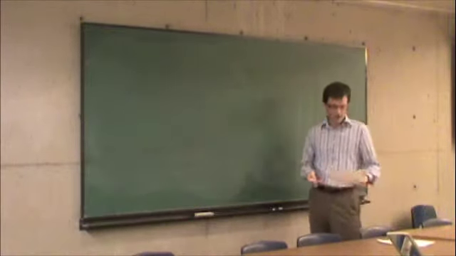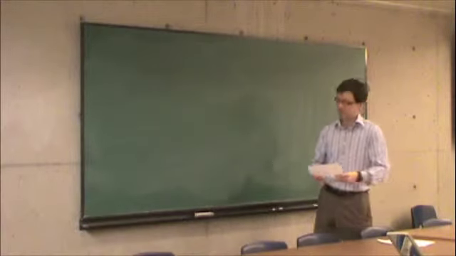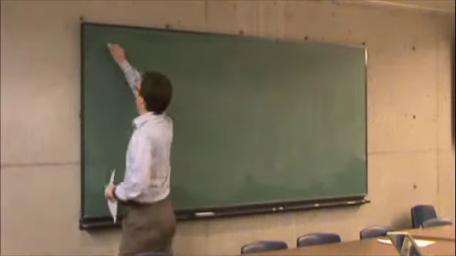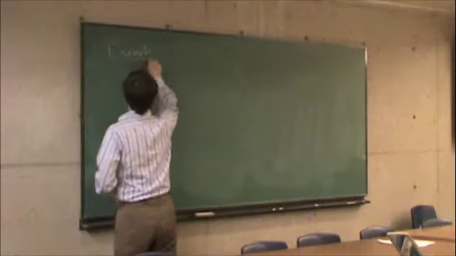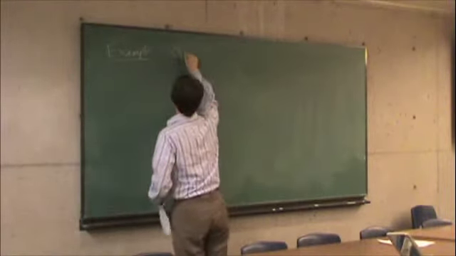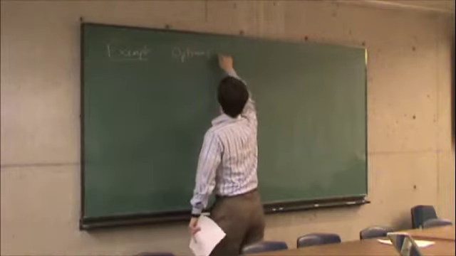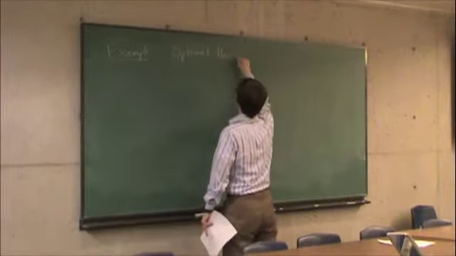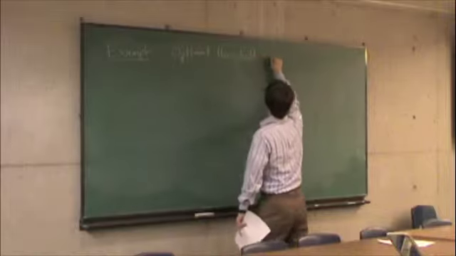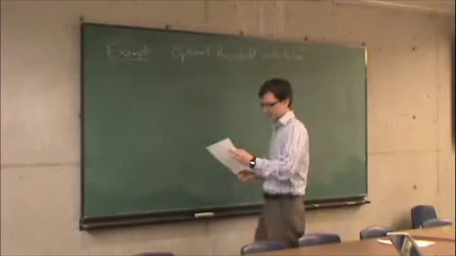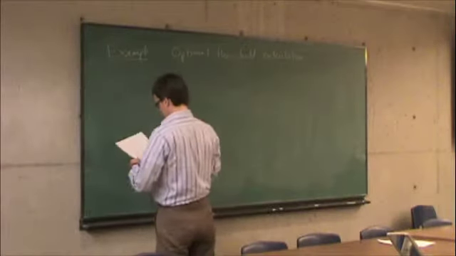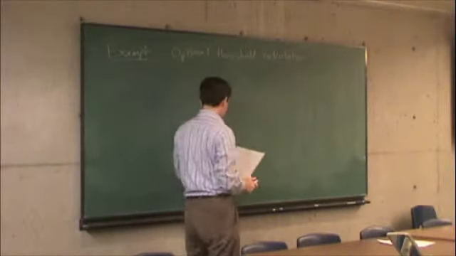So let's remind ourselves what we were talking about last time with an example. So this would be an example of optimal thresholds. Let's remind ourselves the expression for the optimal threshold looks like this.